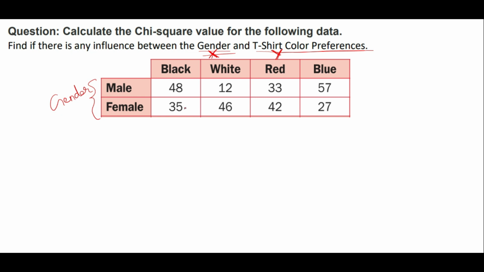You can clearly see that the data here is given in the form of a matrix where you have rows and columns. So these are the two rows that you have, row 1 and row 2. And you have columns: first column, second column, third and fourth. So this can be called a 2 by 4 matrix.